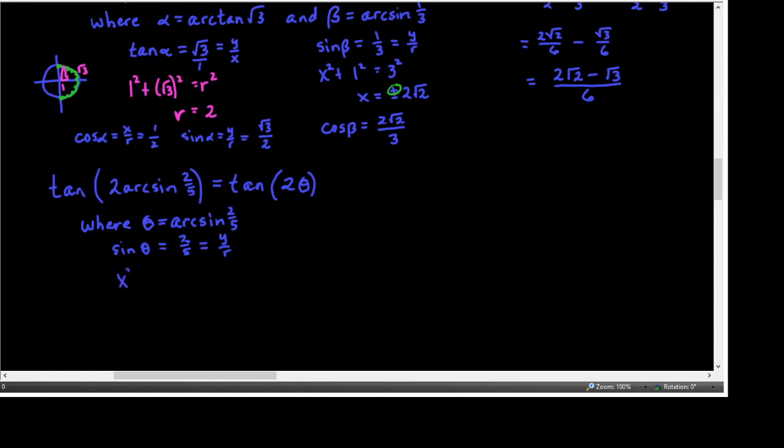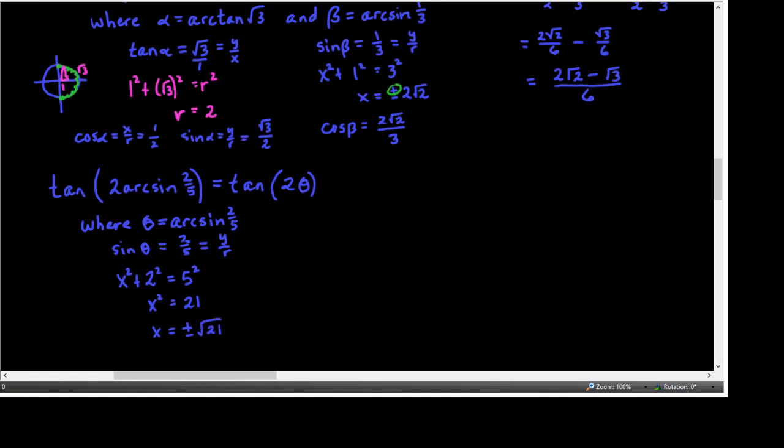So x squared plus 2 squared equals r squared, 5 squared. So x squared is equal to 21. So x is equal to plus or minus square root of 21.